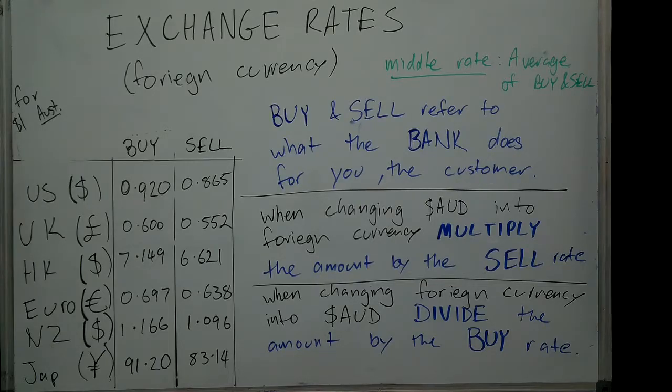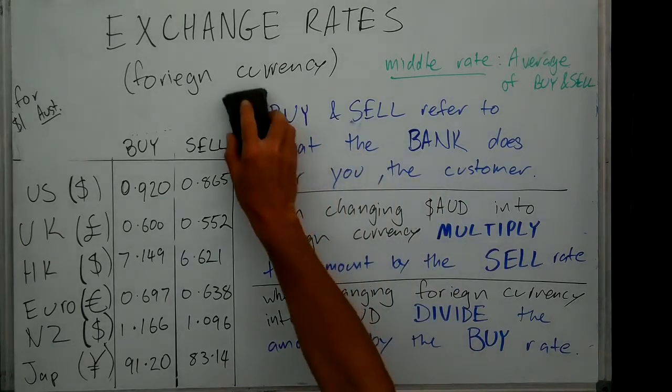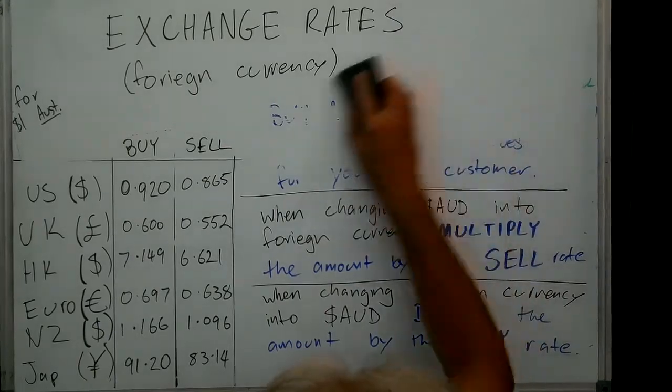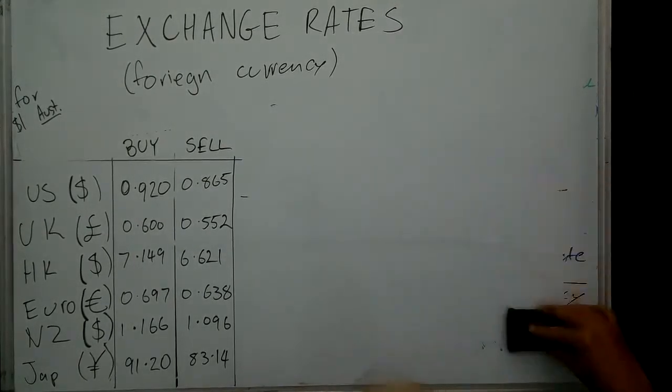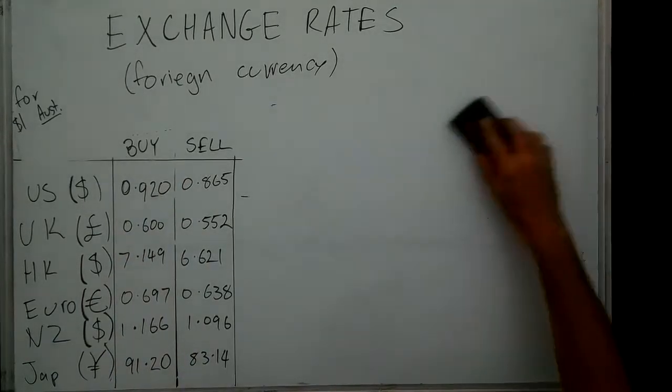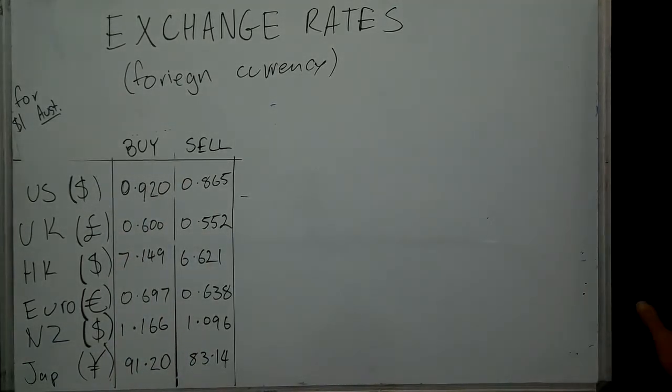I'll just leave that there for a second, and then we'll jump straight into some examples. So I'm going to leave the little table there, because we'll use these values to do the calculations.